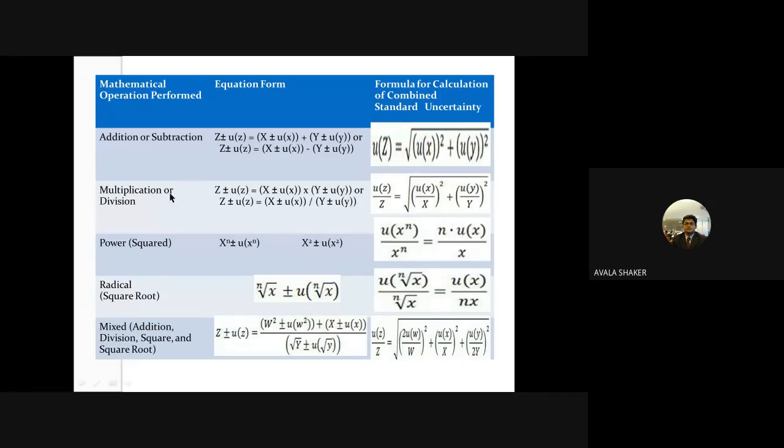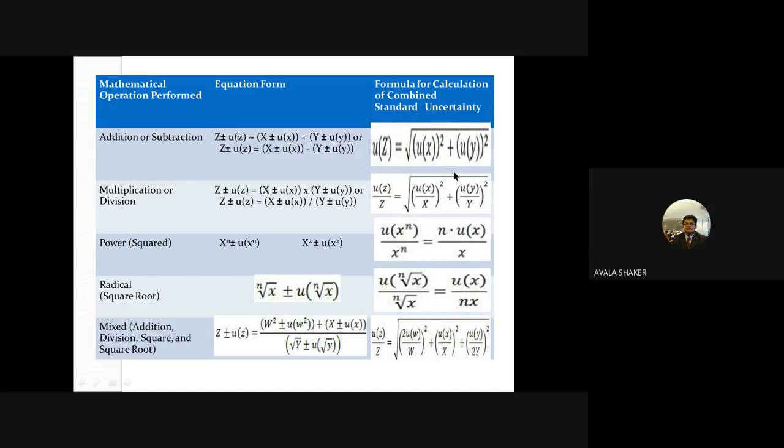If your function is not x plus y and it is x into y, then the relative uncertainty in z, that is uz by z, will be the uncertainty in x divided by x, the whole square, plus the uncertainty in y divided by y, the whole square.